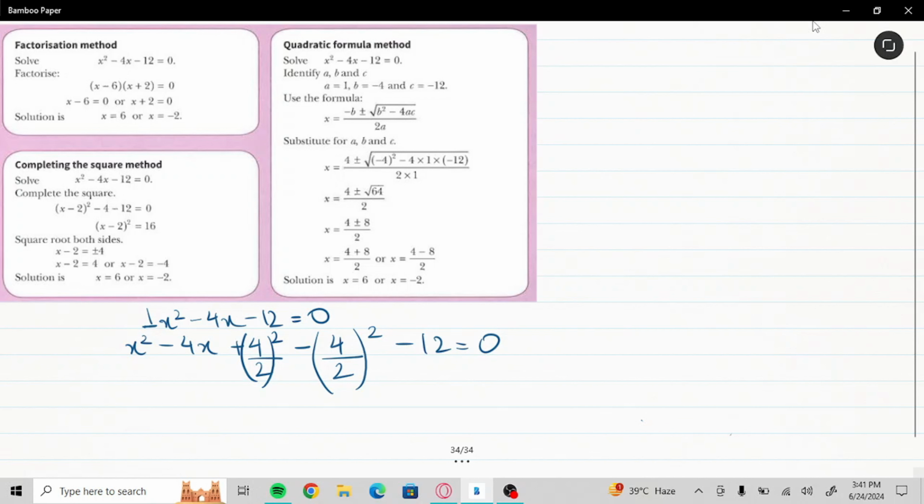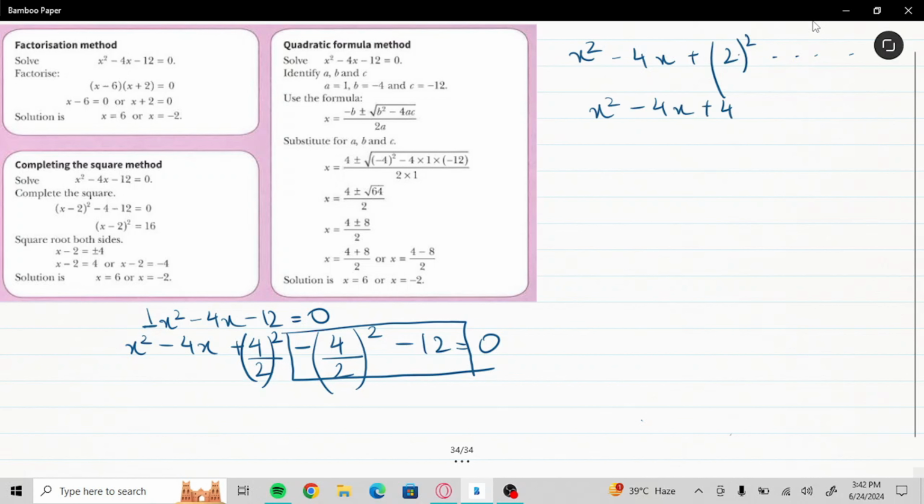Okay. So what you do next is, right now, ignore this part of the equation. Check out this part. So x squared minus 4x plus 4 upon 2, which is 2 whole square. Let me simplify this further: x squared minus 4x plus 4.